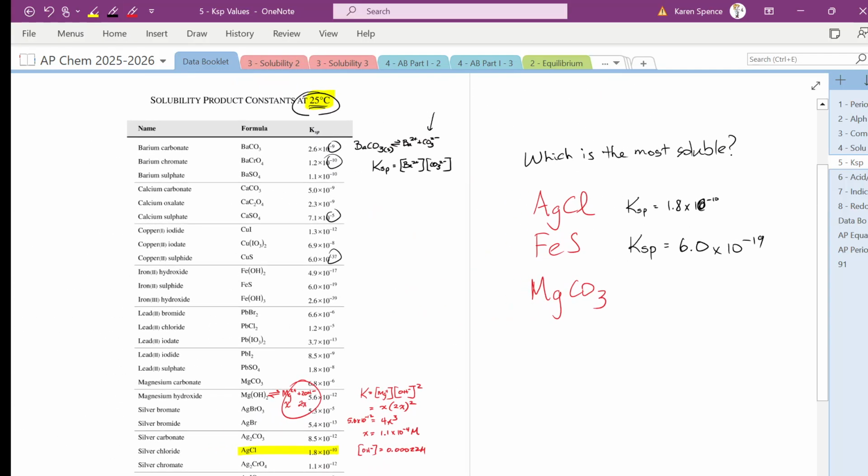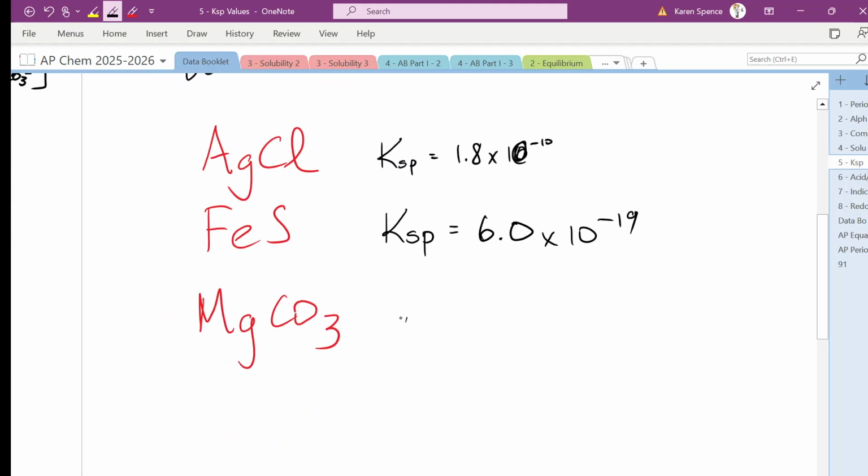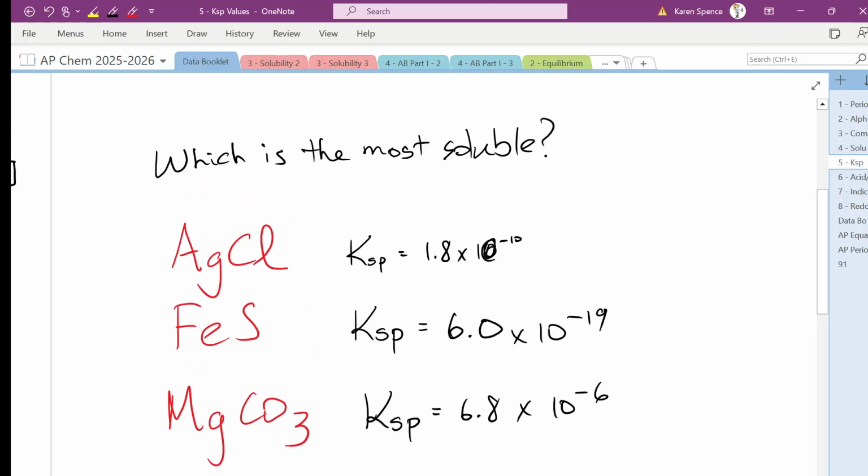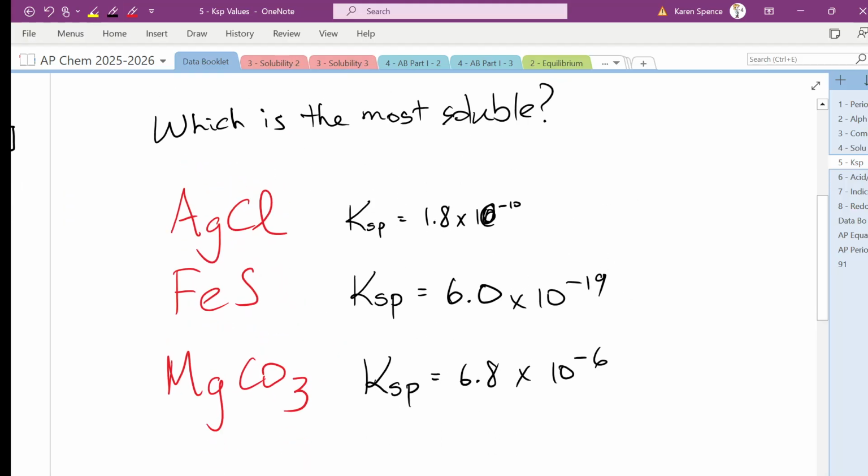And magnesium carbonate, 6.8 times 10 to the minus 6. So out of those three, which is the most soluble? This is the most soluble. Who's the least soluble?